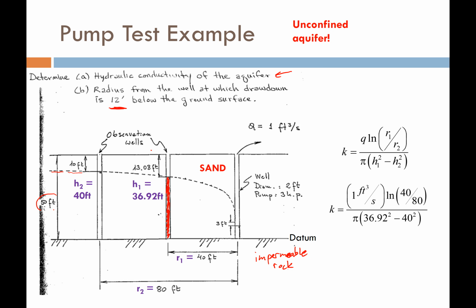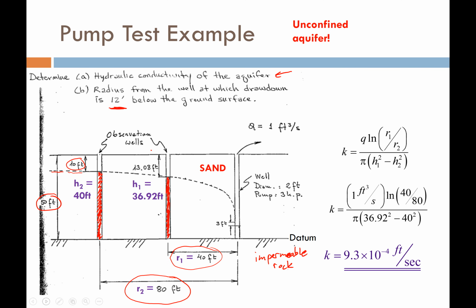And that's because that's just 50 feet minus the 13.08 feet. Over here, this is 50 feet minus 10 feet, so this is where I get that 40 feet of total head in the second monitoring well. The radius from my pumping well to the first monitoring well is 40 feet, and the radius from my pumping well to my second well is 80 feet.